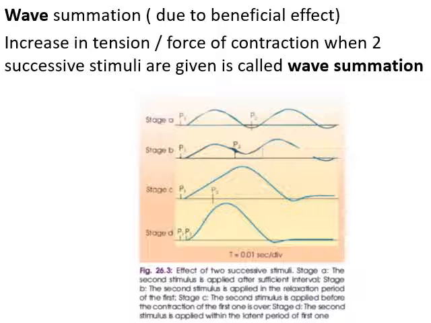Now what is this beneficial effect? When we give the second stimulus, the contractile elements get activated more due to the effect of the previous stimulus. During the previous stimulus, what happens?